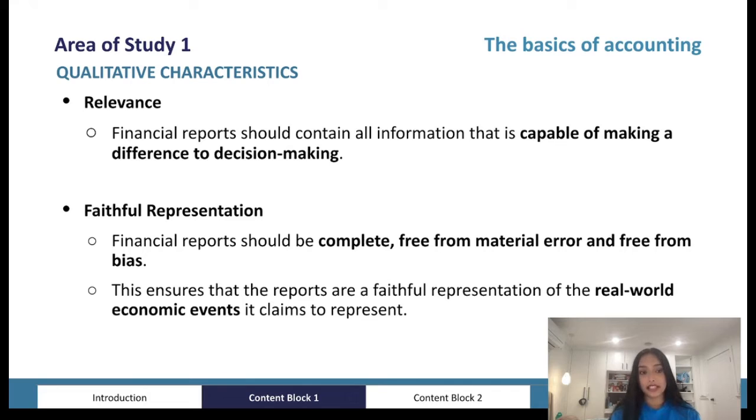And then by ensuring that your reports are complete, free from error, and bias free, this ensures that the reports are a faithful representation of the real world economic events. So basically that just means it's more accurate to the real life event that the report is representing.